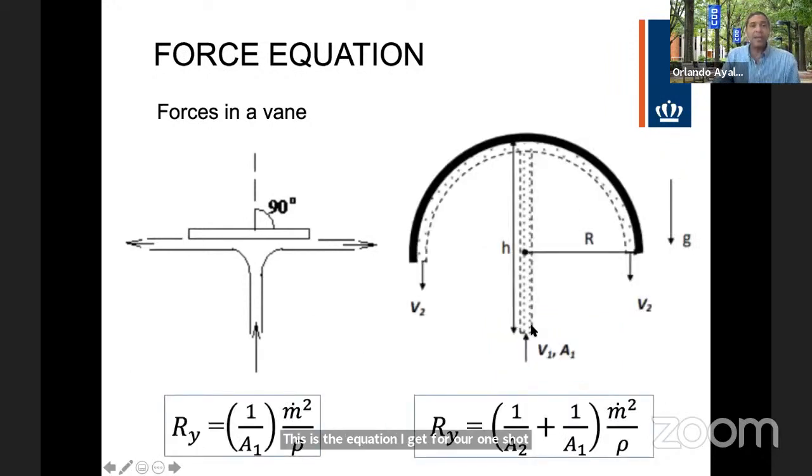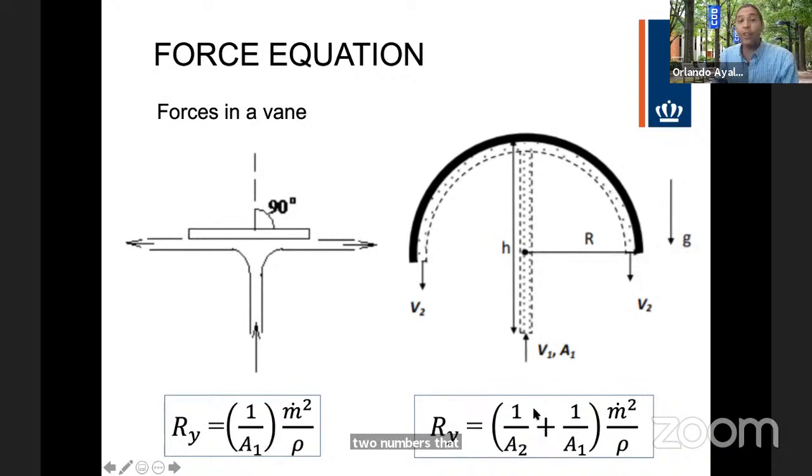Summarizing, if I have a vane that is horizontal, a flat plate, or if I have a vane that is hemispherical, these are the two equations. As you can see, the equations are very similar. The only difference is that in the case of the hemisphere, the term that has the areas could be a larger term than this because I'm adding two numbers.